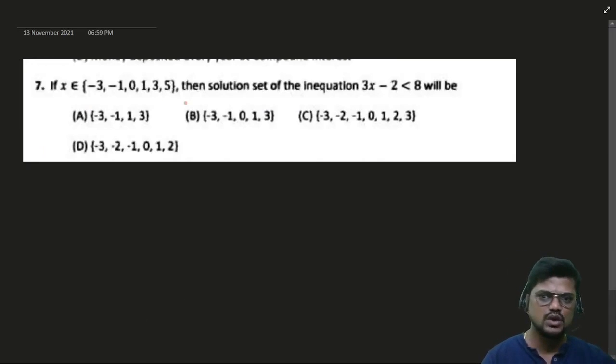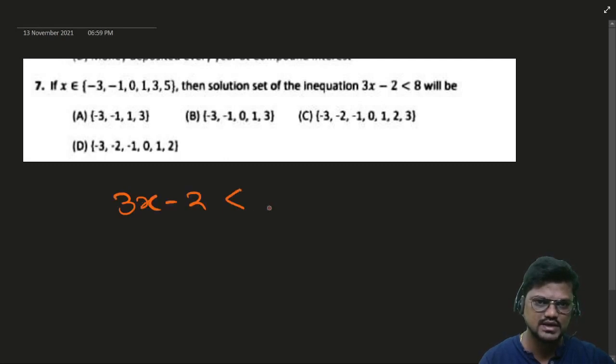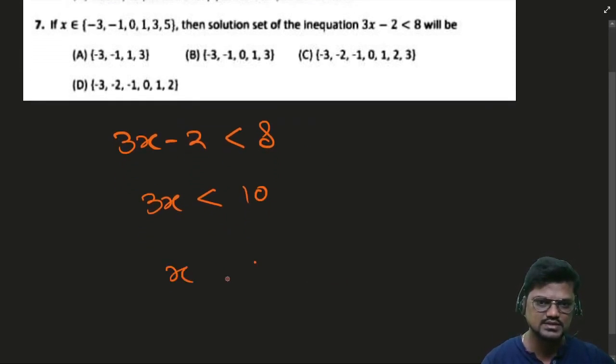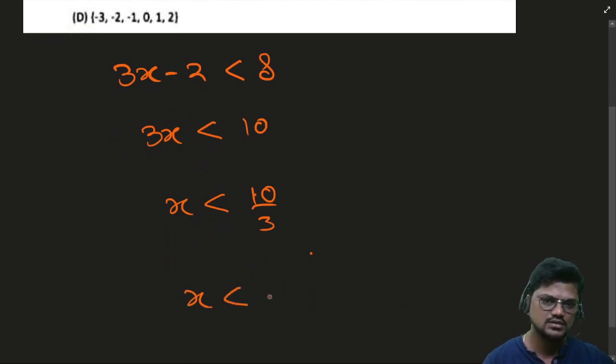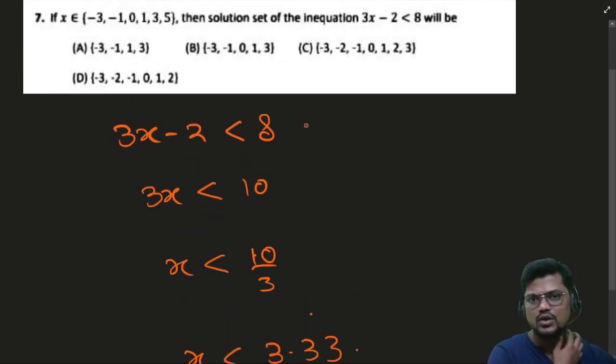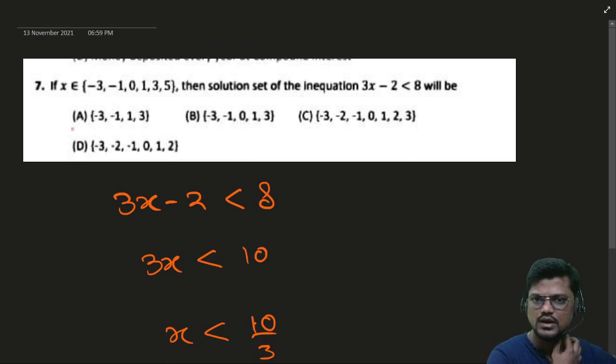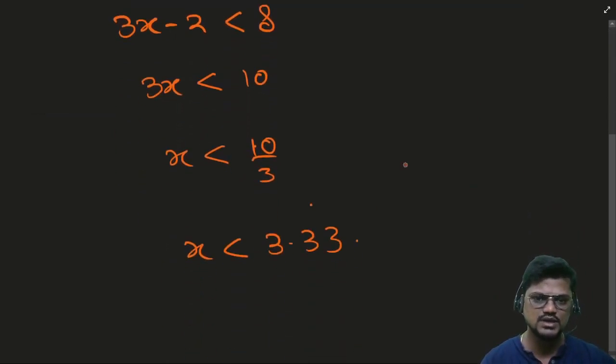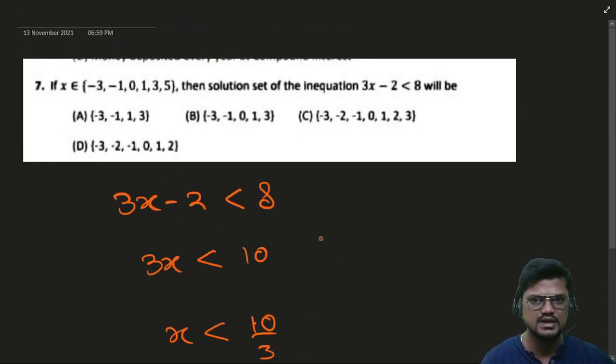What you have, x belongs to this, then the solution set of the linear inequality, that is 3x minus 2 less than 8, right? So 3x should be, this minus 2 goes on that side, it will be 10. So x is less than 10 by 3. The value of 10 by 3 is 3.33, so x is less than 3.33. Also they have given x belongs to this only, then the solution set of the equation means x should be less than 3.33, x should be less than 3.